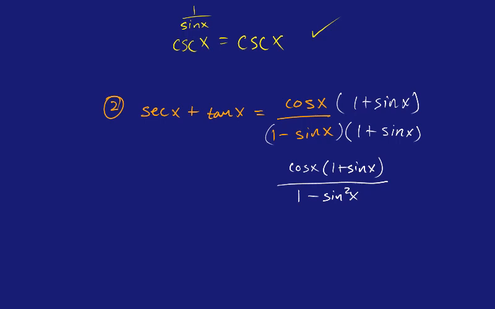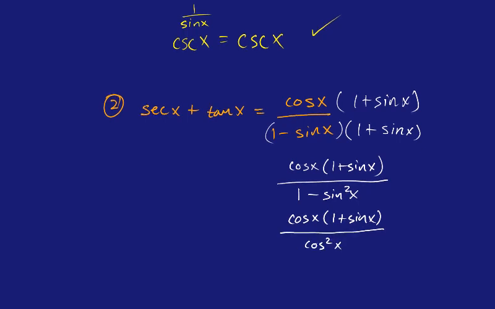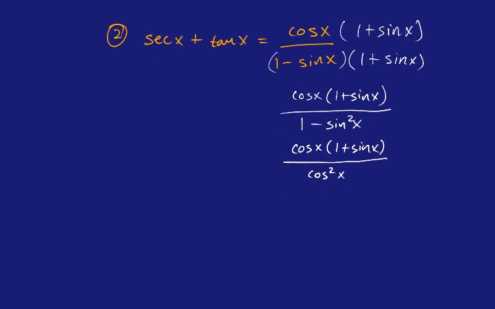So you'll have cosine of x times 1 plus sine of x all over cosine squared of x. And so hopefully you can see that the cosines will reduce, and that will leave us with 1 plus sine of x all over cosine of x.